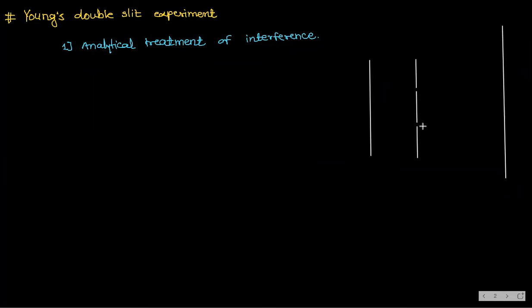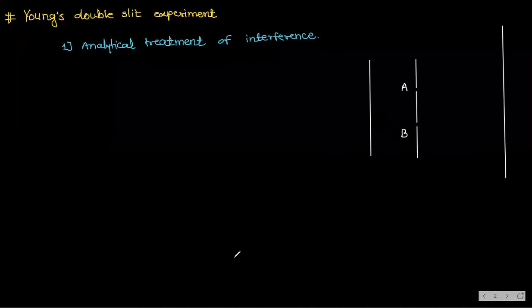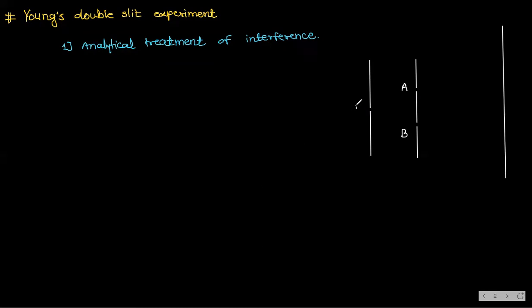You can see here, these are the two slits, and I'm naming them A and B. This is A and this is B. And here, this is the source of monochromatic light.